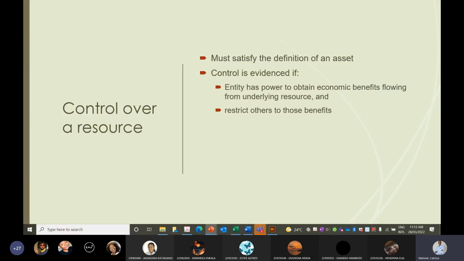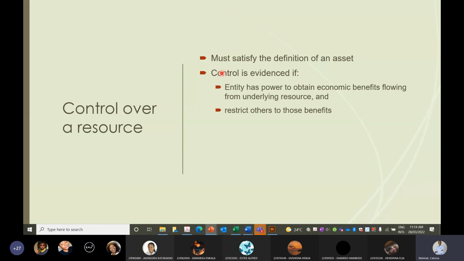And the definition of an asset using the conceptual framework of 2010, we said that an asset is a resource controlled by the entity as a result of past events and from which future economic benefits flow. All right. So let's go back to the definition. A resource controlled by the entity as a result of past events and from which future economic benefits will flow.